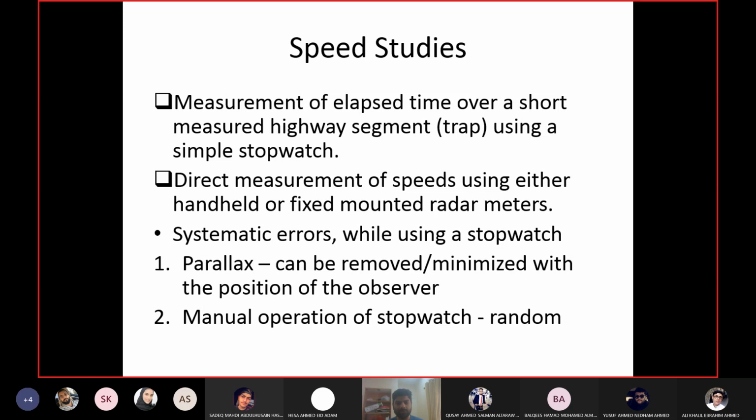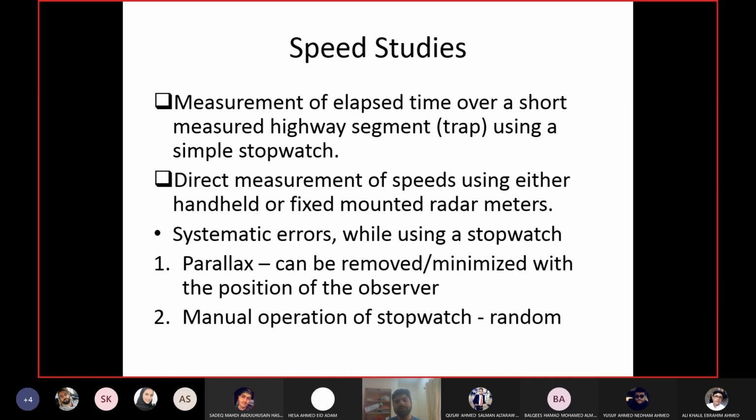The car has not passed, but you were in anticipation or in excitement, and you did it earlier. Obviously you cannot measure this type of error. You cannot know exactly how many fractions of a second you lost or how much of a fraction of a second you did in advance because of that. That's why we call it random error, because random errors by nature cannot be calculated precisely.